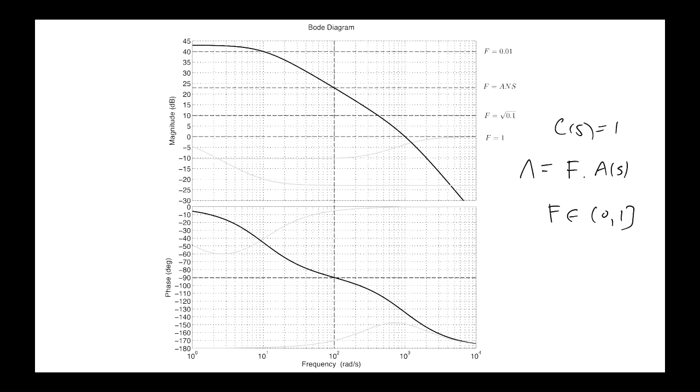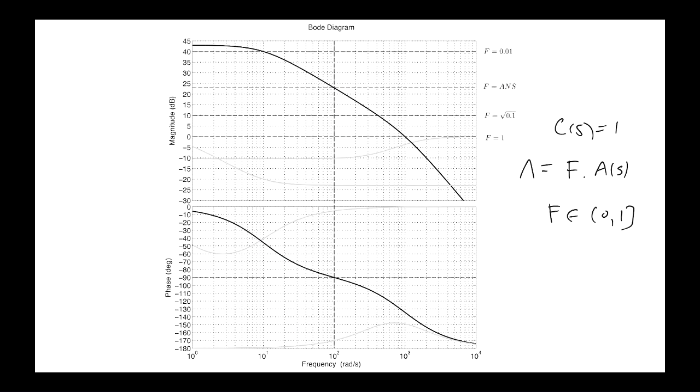And if we set F such that the crossover frequency is here, then we get 90 degrees of phase margin. If you've got 90 degrees of phase margin, you won't get any oscillations in your transient response. All right? And of course, if you choose F to be any value smaller than the one that moves the 0 dB line up to here, then you will just get more phase margin.